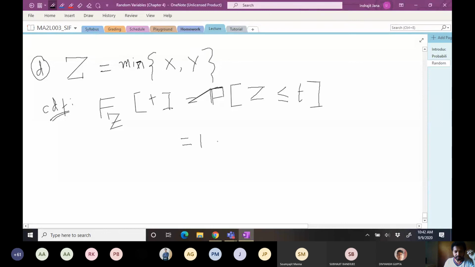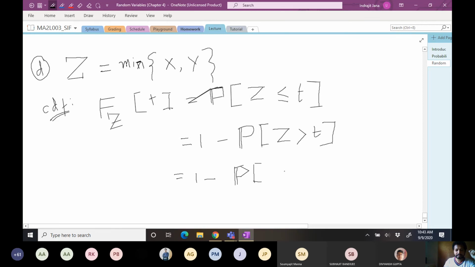So let me write it in a different way. 1 minus the probability that z is bigger than t, which is 1 minus the probability that the minimum of x and y is bigger than t.